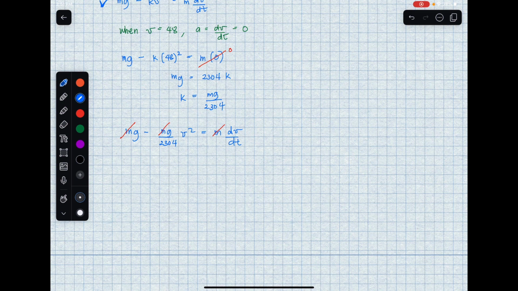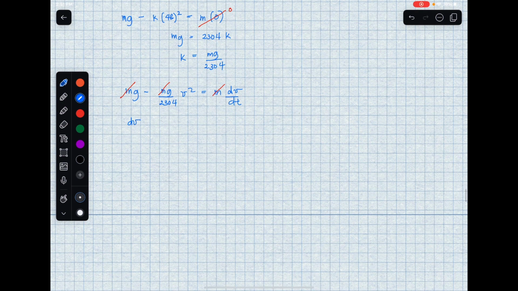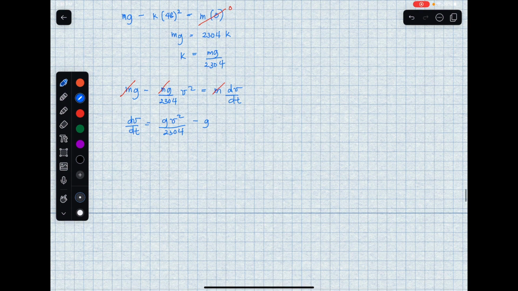Interchanging, dv over dt equals g minus g v squared all over 2304. I'll factor out g: dv over dt equals g times the quantity one minus v squared over 2304.